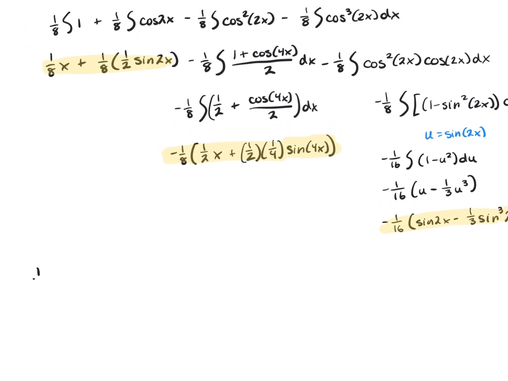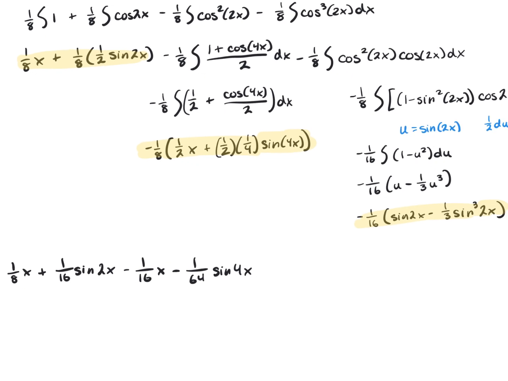So it leaves us with 1/8 x plus 1/16 times the sine of 2x minus 1/16 x minus 1/64 sine of 4x. So here I'm just distributing this to this term and this term.